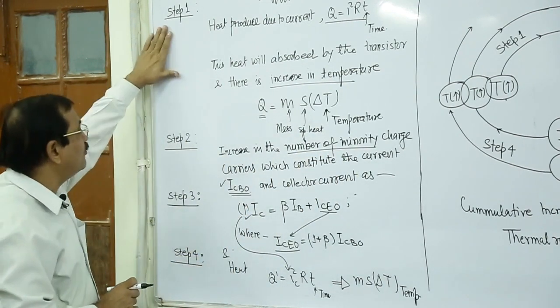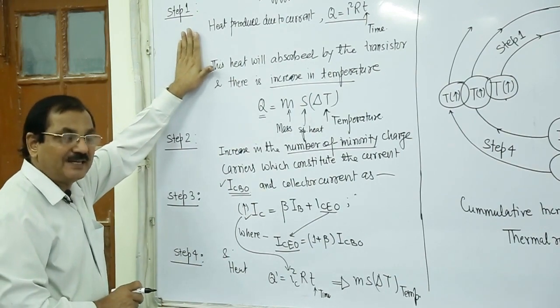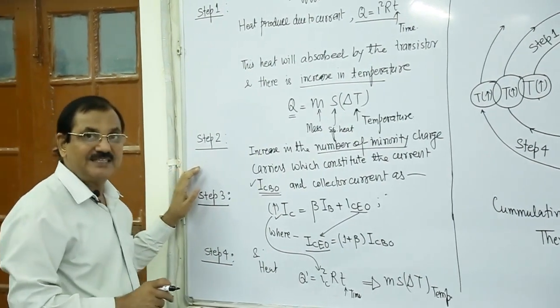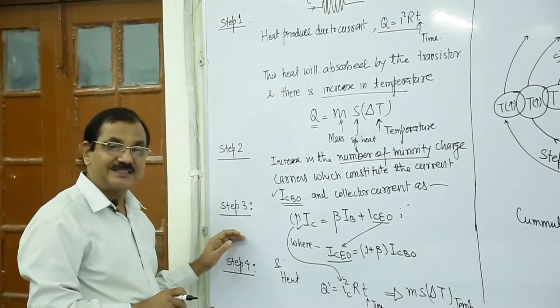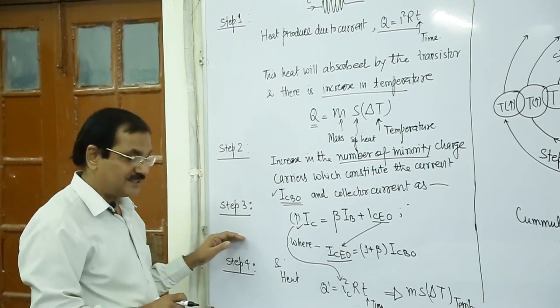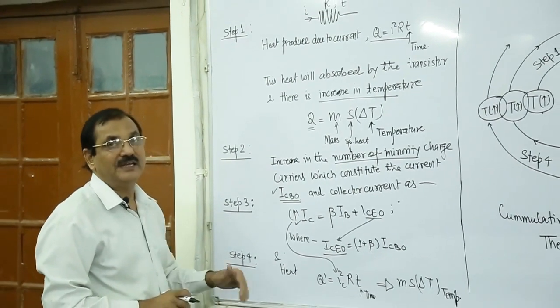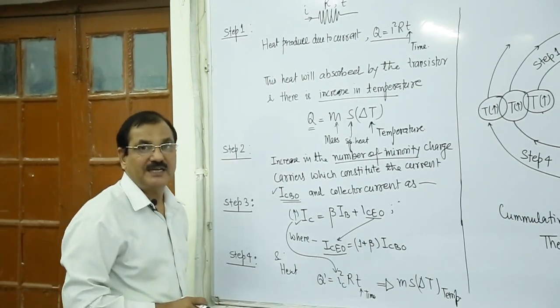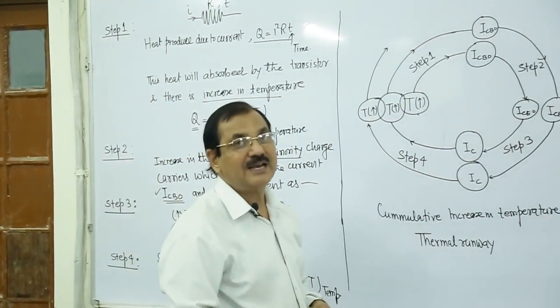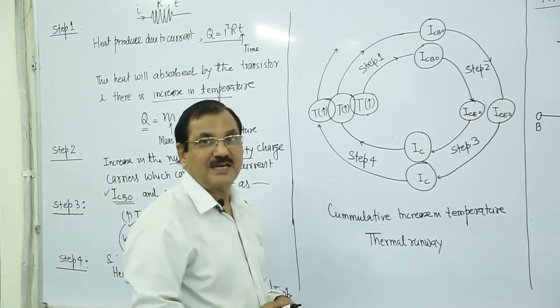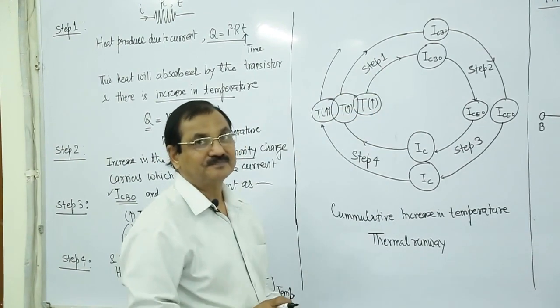So in step 1, the process of heating and absorbing. Step 2, the increase of minority charge carriers. Then step 3 is the increase in the current in the transistor, and then step 4, again the current will produce heat. This whole process can be very simply visualized from this diagram.